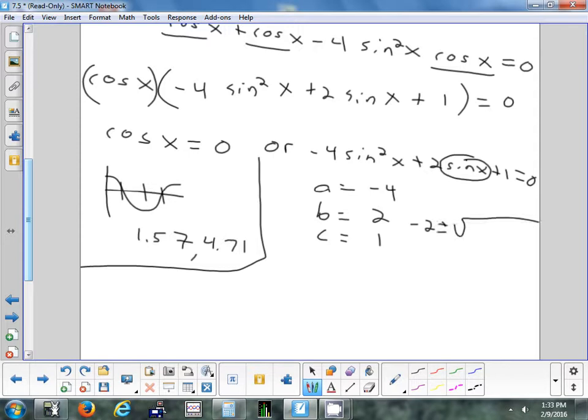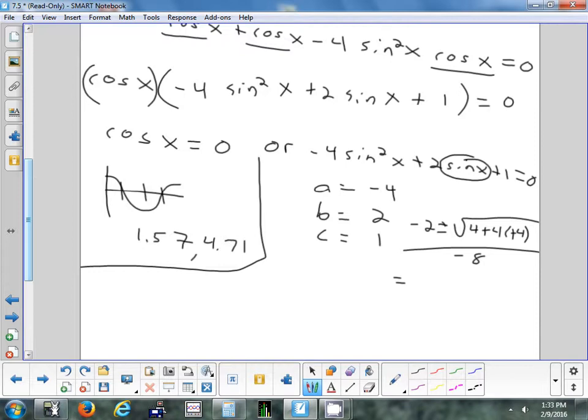So we get negative b plus or minus the square root of b squared minus 4a. I don't even need c because it's just times 1, all over 2a. Yep, I think I did everything out there correctly, right? Yeah. Minus a minus becomes a plus.